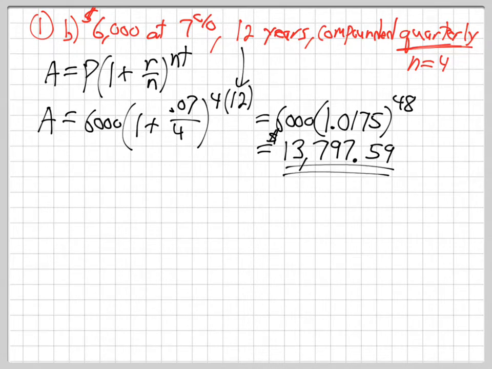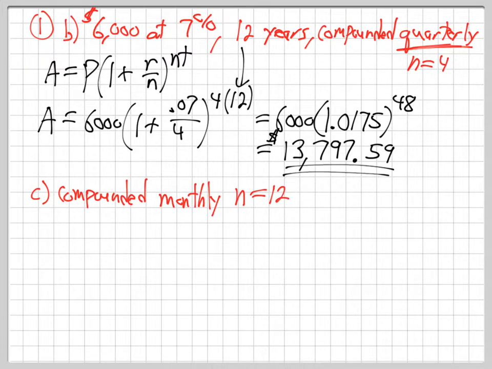All right, part C. It's going to be very similar. This time it's the same exact setup, but on this one it's compounded monthly. So now your money's compounded every month, meaning interest is paid. Growth is given on the money every month.